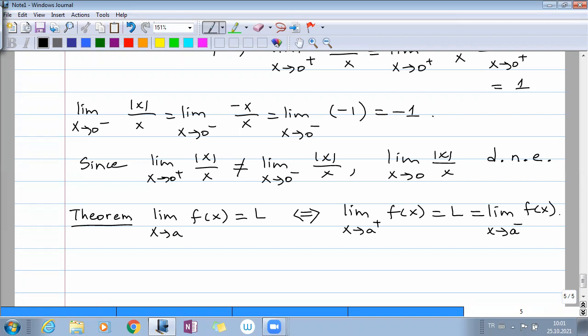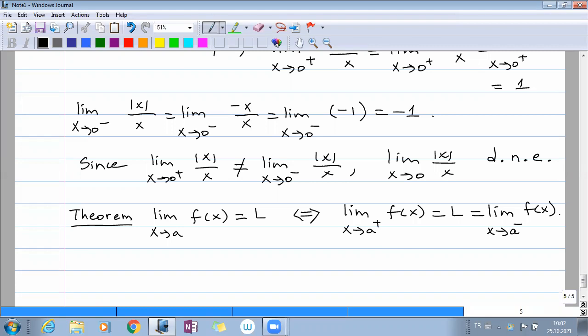So if the right limit or left limit doesn't exist, or if they both exist, like in this example, but are different, then we say that the limit of the function doesn't exist. On the other hand, if the right limit and the left limit turn out to be the same number, then we say the limit is that number.